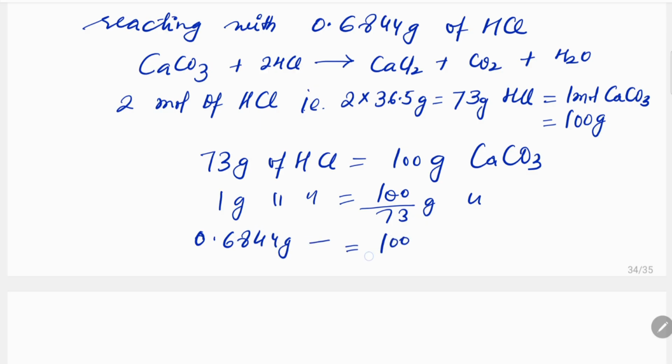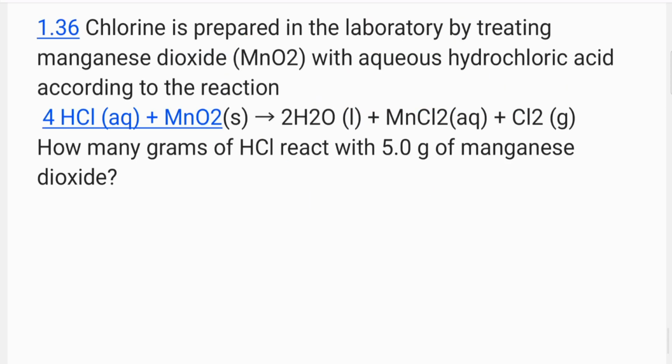So 100 divided by 73 multiplied by 0.6844, which is going to come 0.938 grams. So this is how you are going to calculate these kind of questions.